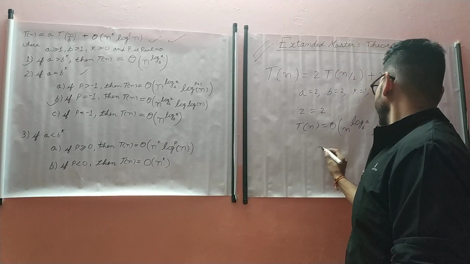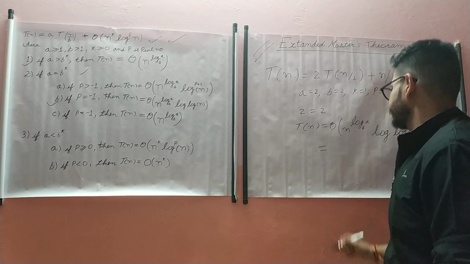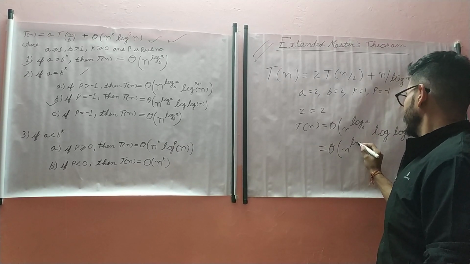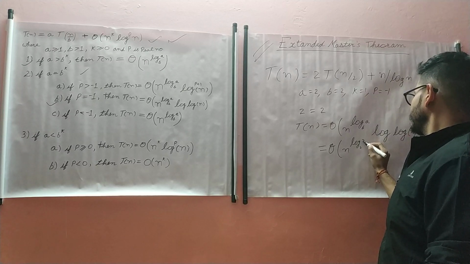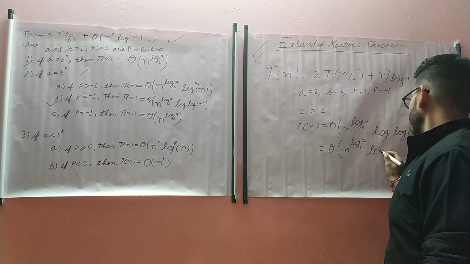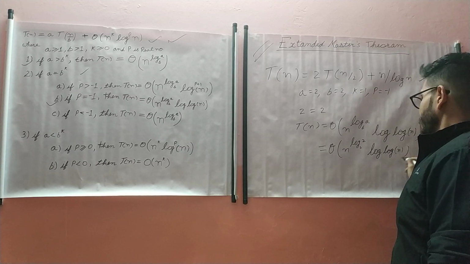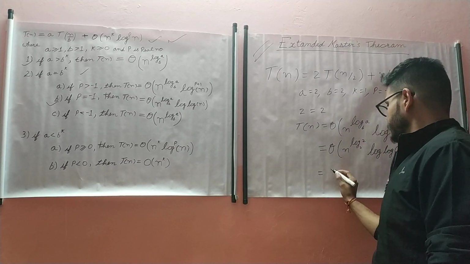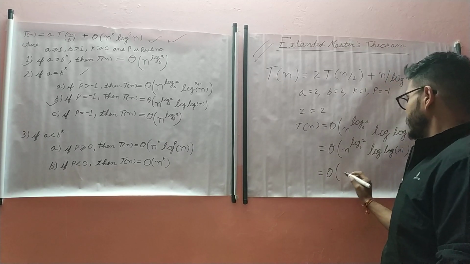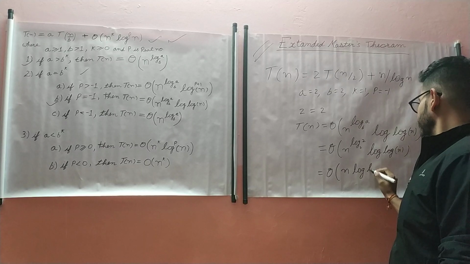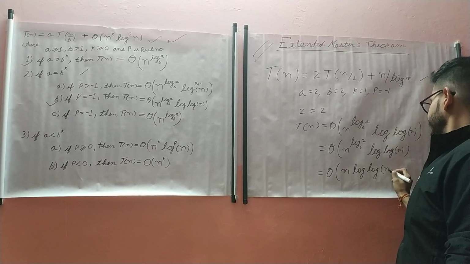Now put the values of a and b. Theta is equal to n^(log_2 2) log log n. So we get theta of n log log n.